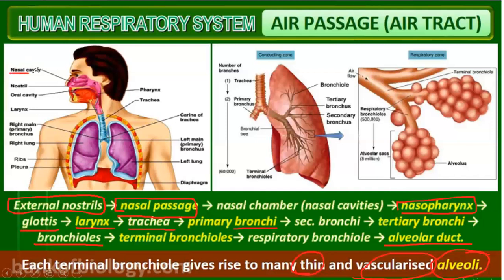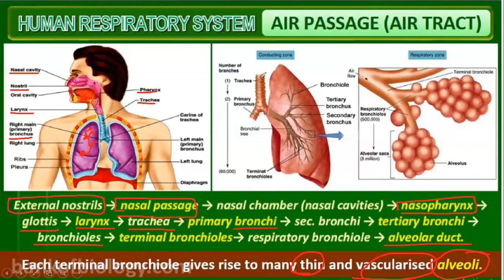So the sequence is nostril, nasal cavity, pharynx, larynx, trachea, primary, secondary and tertiary bronchi, terminal bronchioles, respiratory bronchioles, and the alveoli.